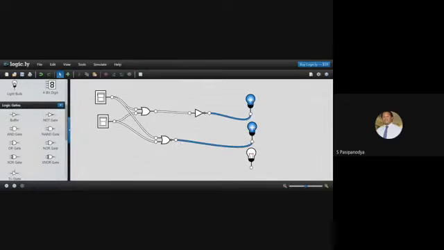So this symbol that I've just put, the NOR gate, is a combination of your OR gate and your NOT gate. Is anyone still lost?